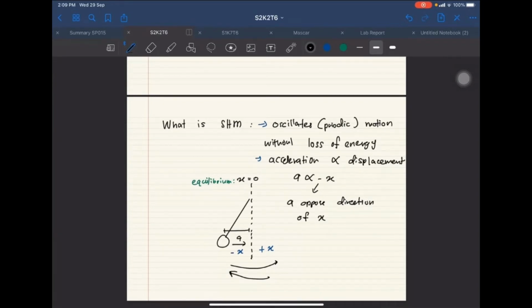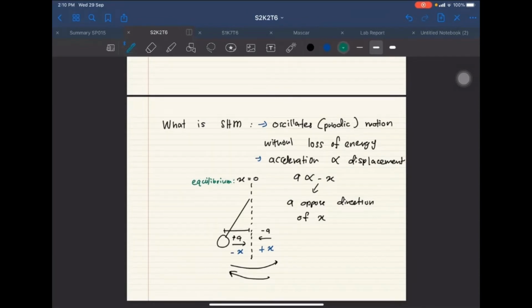So a is positive, x is negative. And if the object is on the right hand side, x is positive and a will be negative because it's trying to pull towards the equilibrium. So the acceleration's direction is always towards the equilibrium.